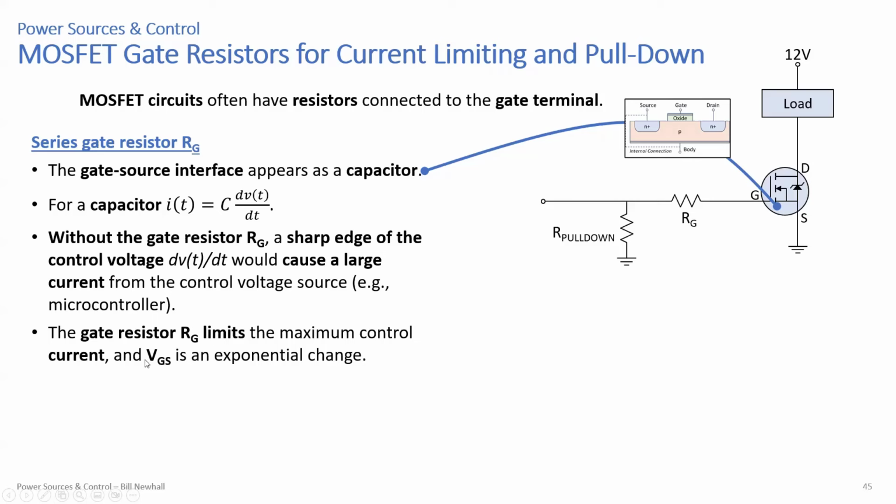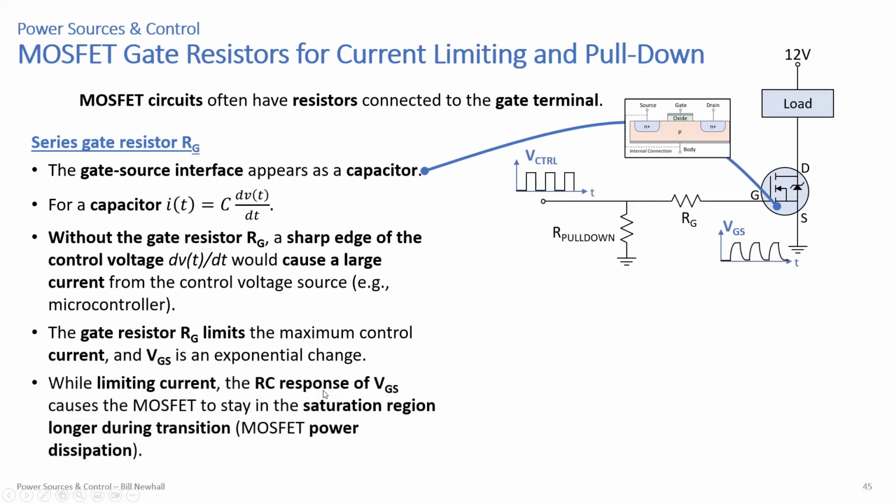Okay, and so VGS is actually going to show an exponential change. You have this RC time constant. So while limiting current, you've got this RC response, resistor-capacitor response, of VGS. So what's that going to do? That's going to cause the gate voltage to not either be low or high, but have some duration in between.